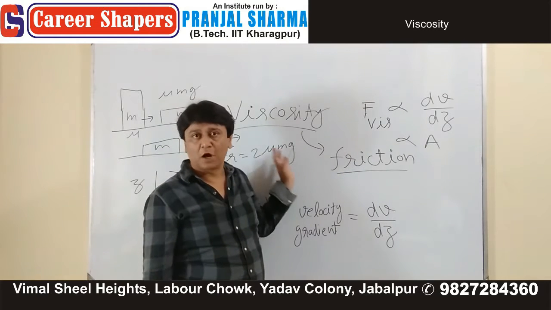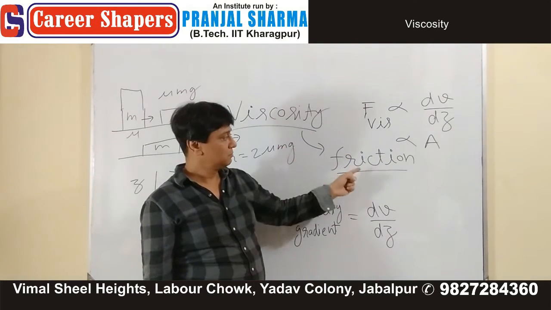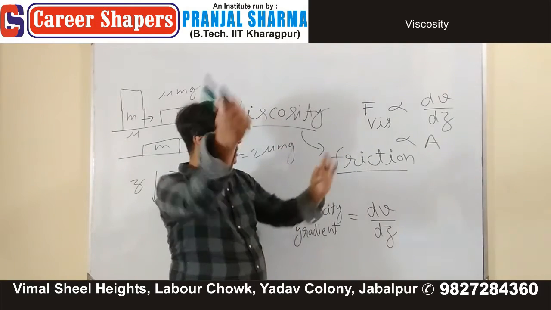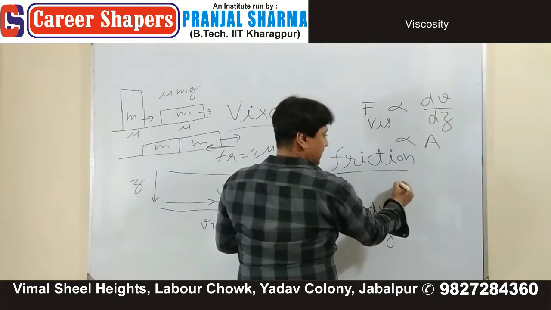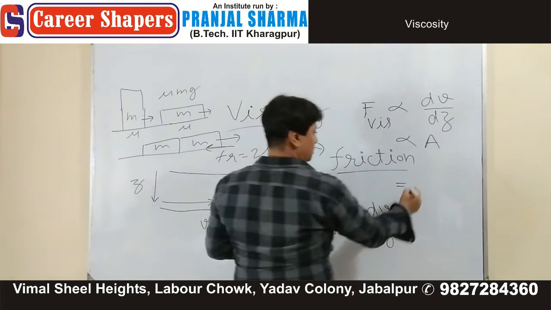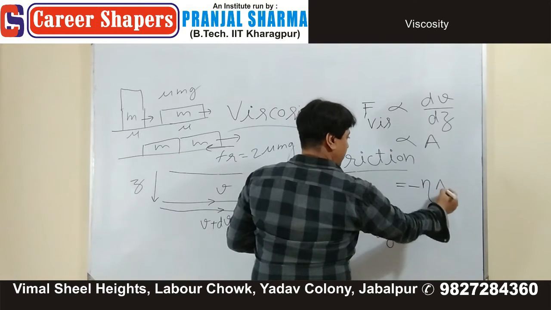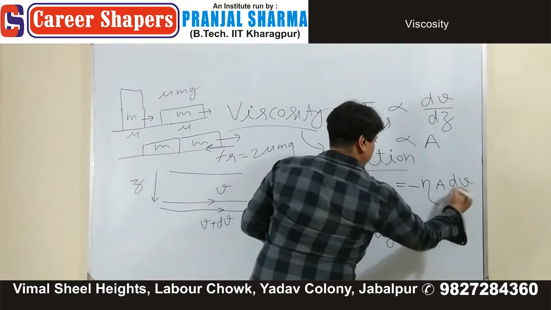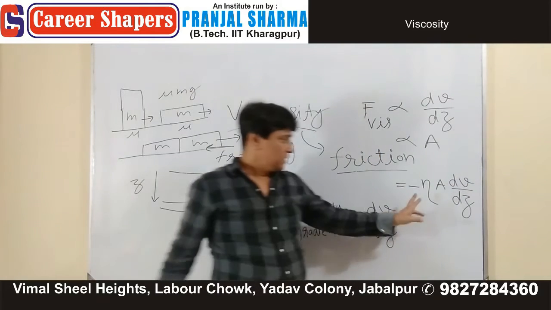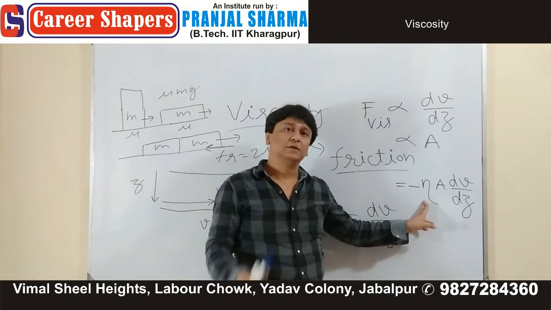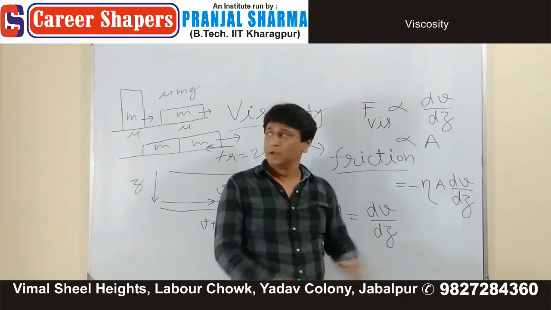So whenever we talk about viscosity, we are basically talking about friction. Now, this force of viscosity is proportional to minus of eta A dV by dz. This term eta is called coefficient of viscosity.